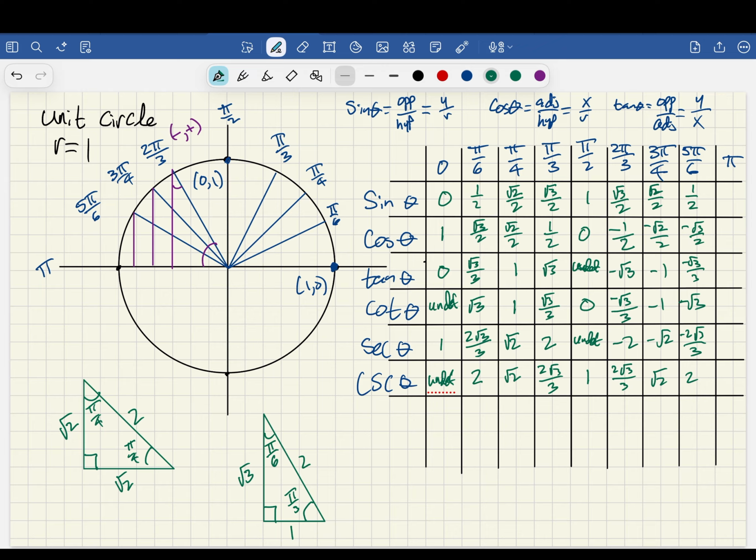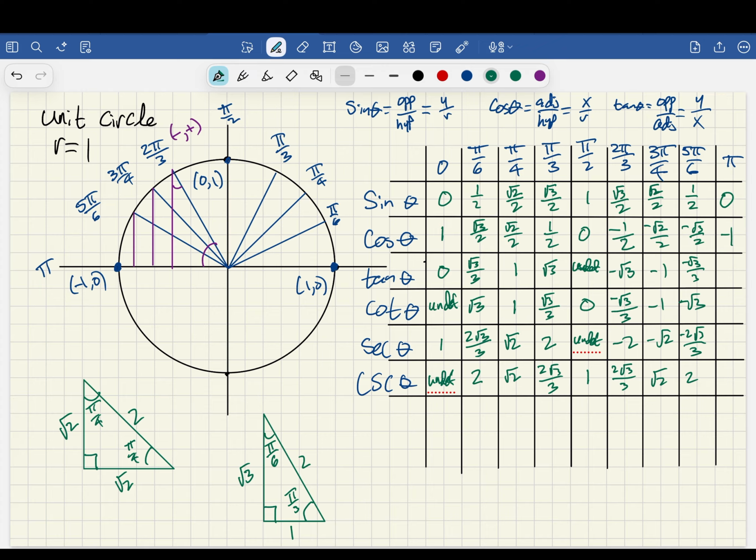Now, for the angle pi, the terminal side intersects the unit circle at the point -1, 0. So the sine function value is again 0. Y over r, 0 over 1. The cosine function value now is -1. -1 divided by 1, x over r.